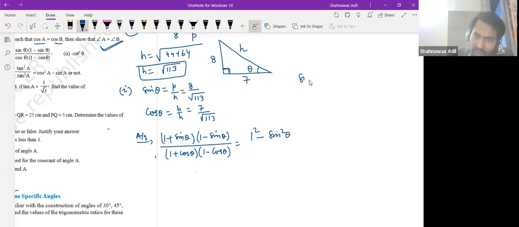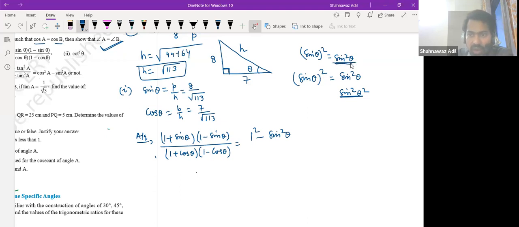Sine square theta means sine theta whole square, not sine times theta square. Sine theta is a function, not a multiplication. Similarly, this is 1 minus cos square theta.